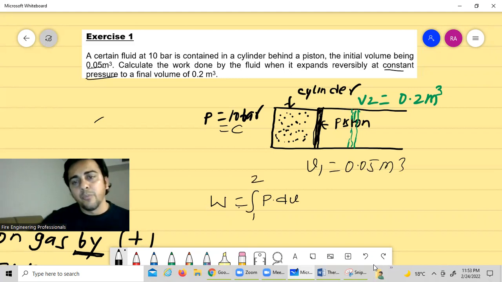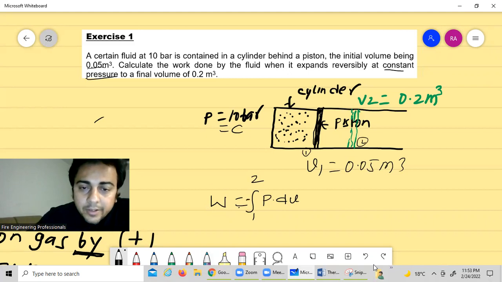So as the piston moves from point 1, let's say this is point 1 and this is point 2, what is the work done required? Not to forget, here we have to write down the negative sign because we calculate the work done by the system, by the gas or the fluid.